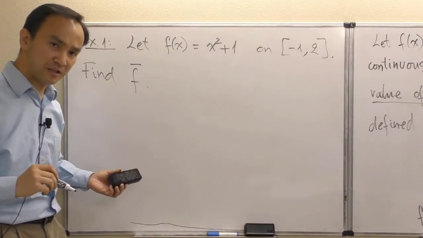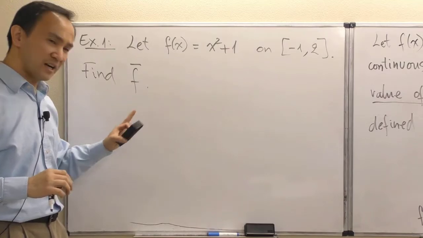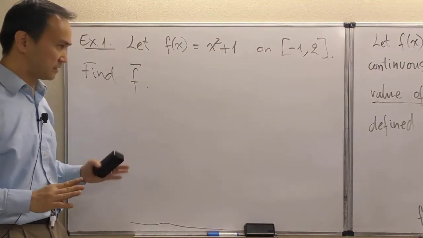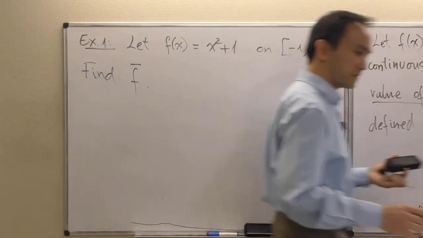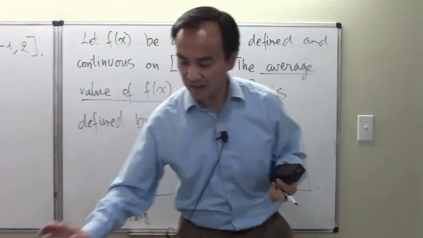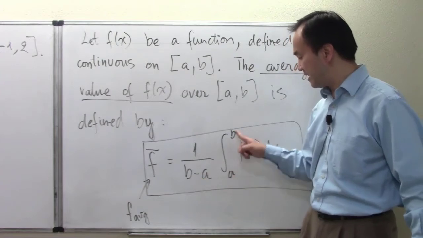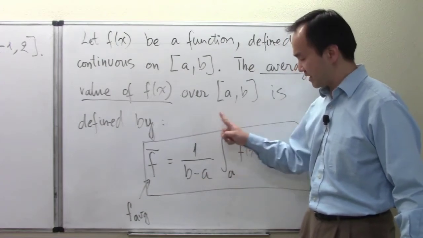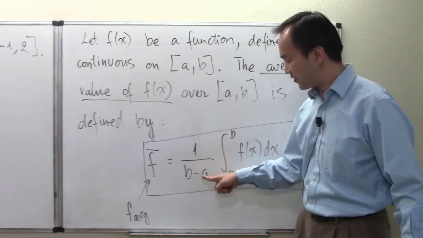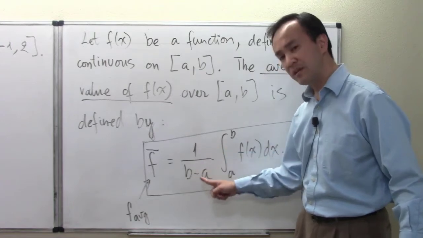Okay, find f bar. I have to clarify at this point, going back to the formula that I introduced, f bar is given as a definite integral, and then multiplied by a coefficient 1 over b minus a.